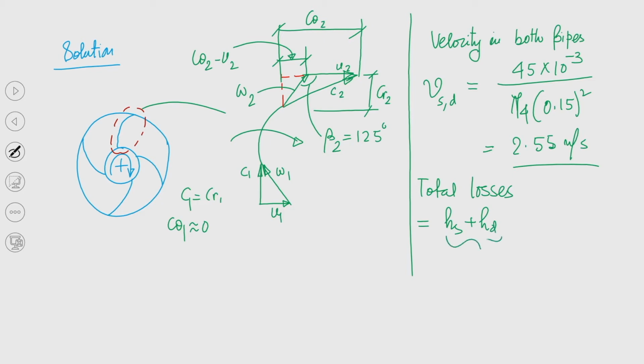These are the static heights on the suction and delivery sides respectively, plus Hf, the frictional loss, plus H minor.